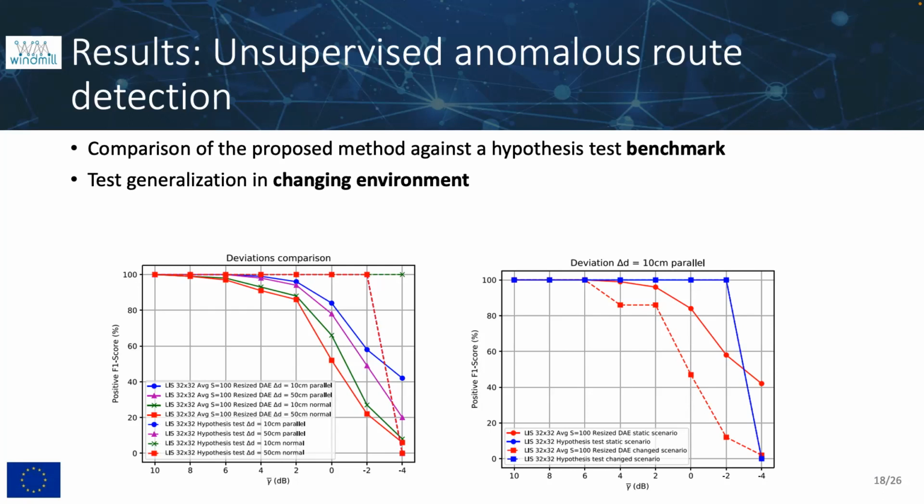So we can see that up to 2 dB, we are still able to accurately determine the anomaly. But it's true that up to around 0 and lower, this is clearly flagging that we need to retrain because the scenario changed too much from what we expected in the training. But it was just an evaluation of the generalization, so to say.